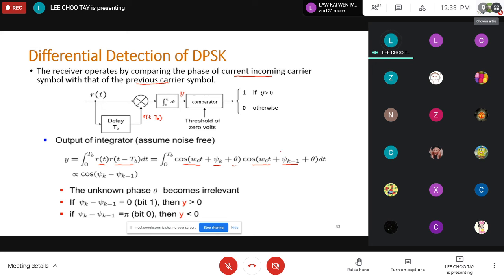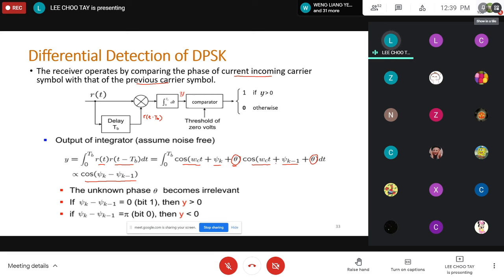As I mentioned previously, we assume that the phase error is the same for these two successive bits, meaning from one bit to another the error was the same. Then you see that the output y is proportional to the cosine of the difference between the two phase angles, which is phi k minus phi k minus 1.